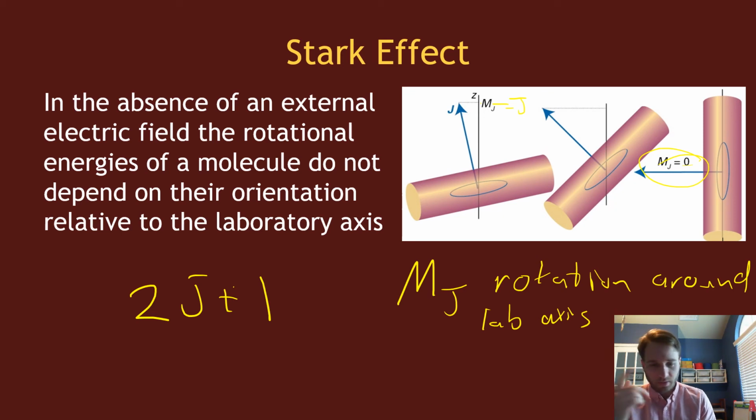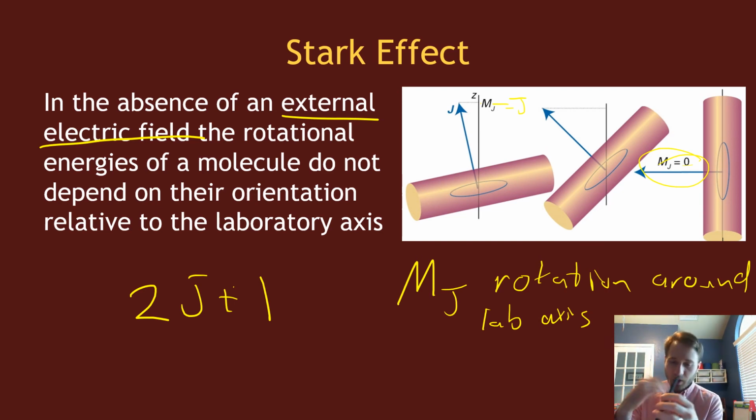So the Stark effect is essentially when this degeneracy is broken, when you apply an external electric field. Because if I have a polar molecule, say carbon monoxide, a polar linear molecule, the carbon and the oxygen end of that molecule are going to want to be pointed differently in an electric field.